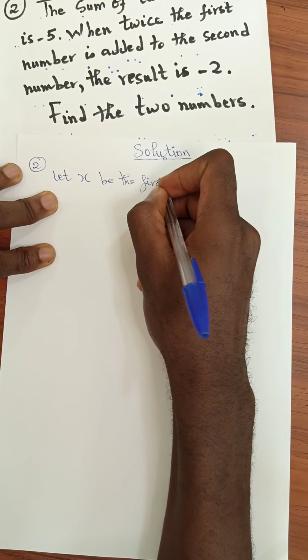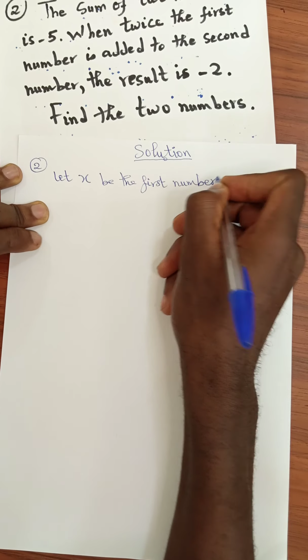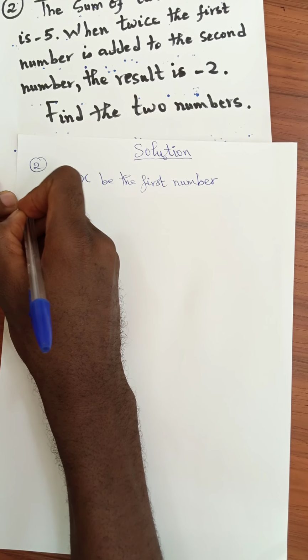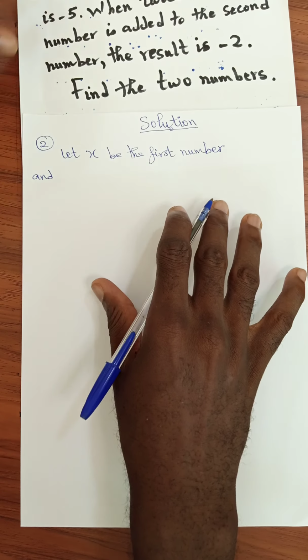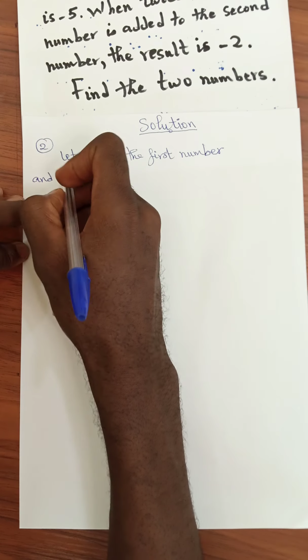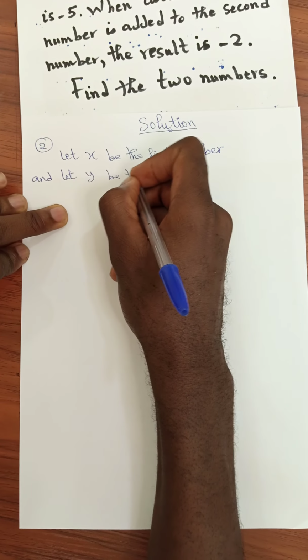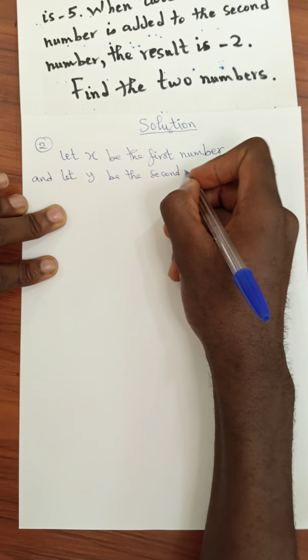Then you know already what we assume for the second number, right? Let y be the second number.